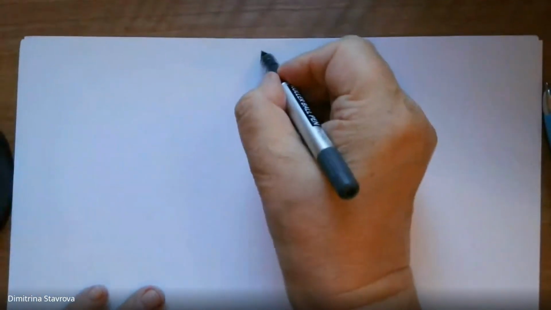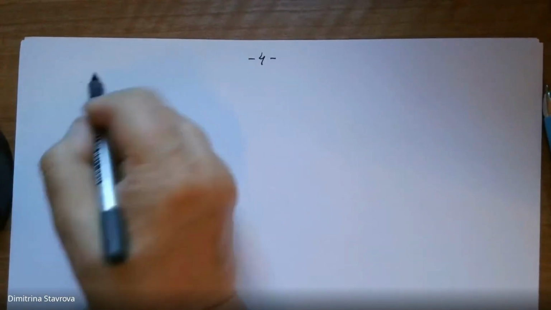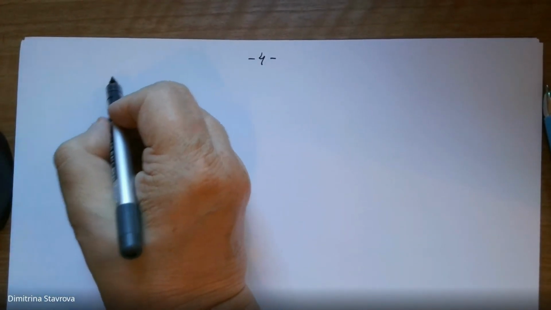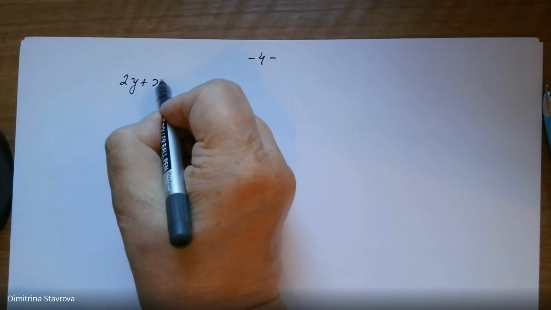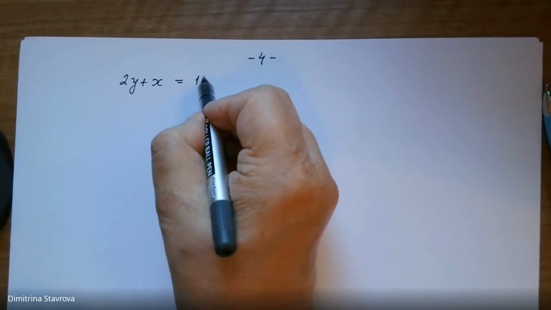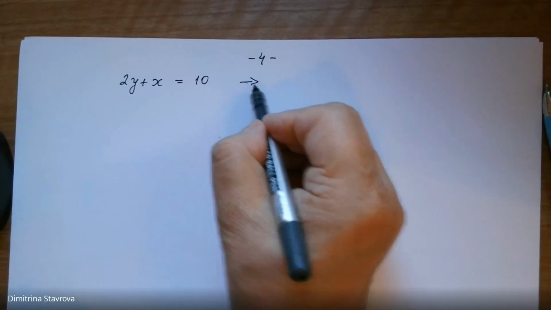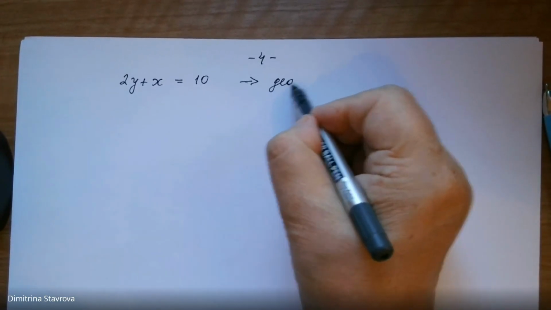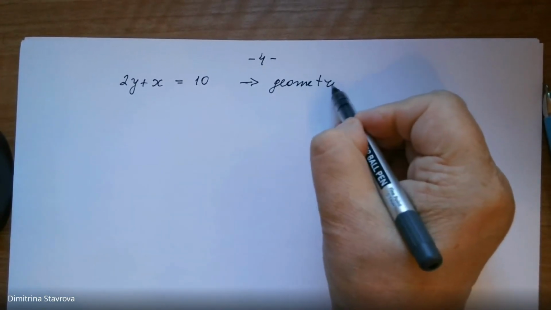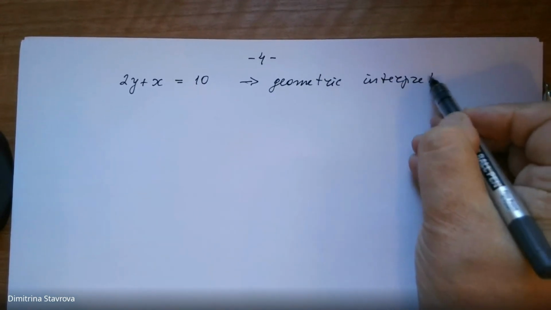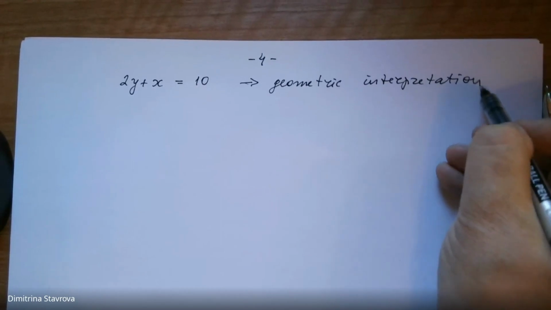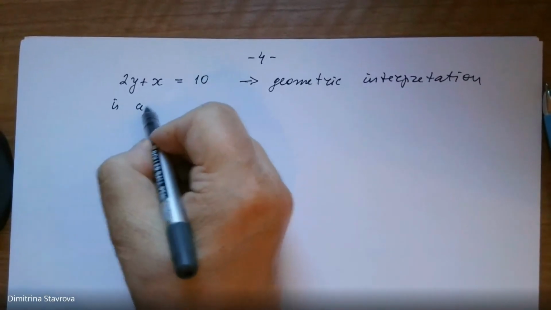So we said that if we have a single equation, 2y plus x, let's say equals 10, then its geometric interpretation is a straight line.